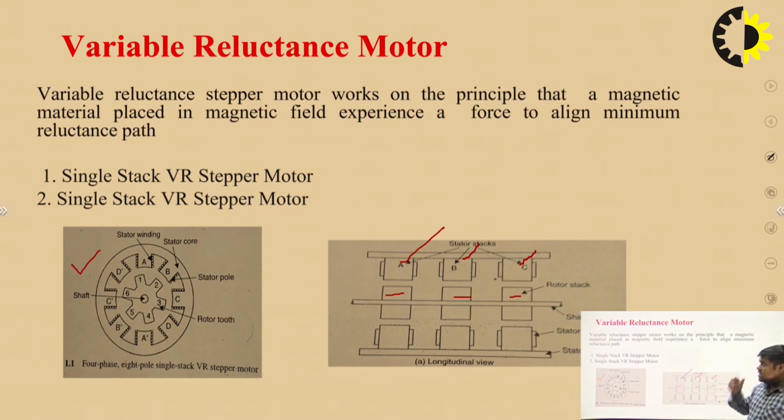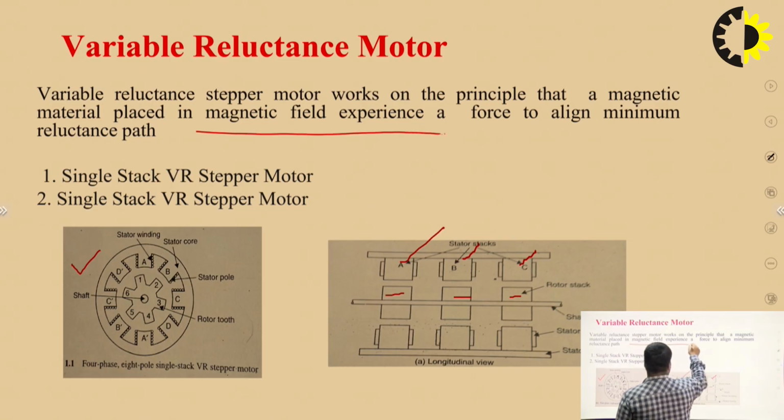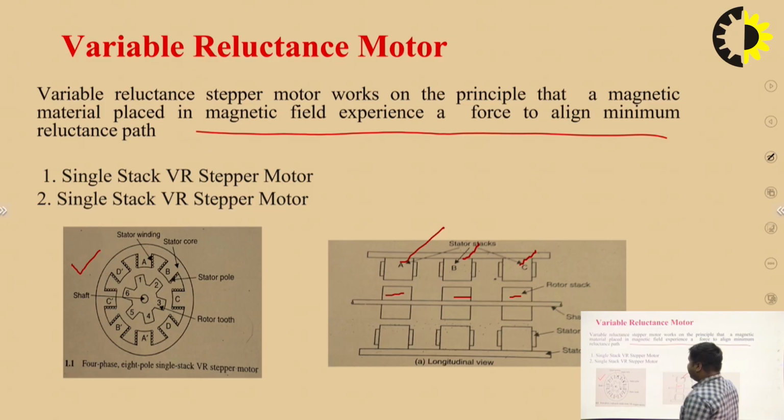Okay, if we see the variable reluctance type stepper motor, this type of motor works on the principle that a magnetic material placed in a magnetic field experiences a force to align with the minimum reluctance path.